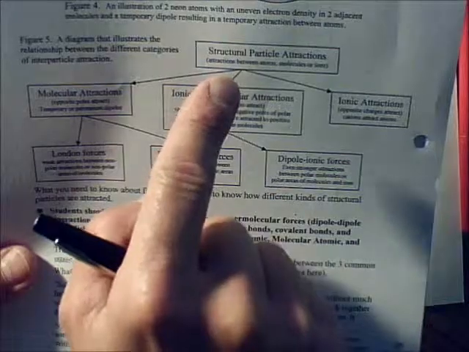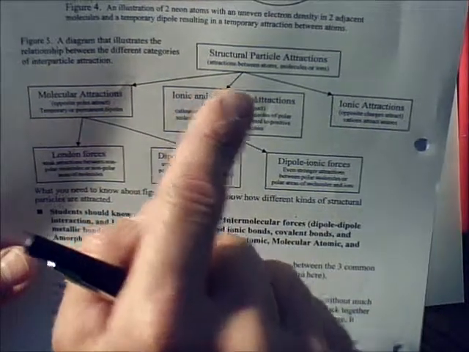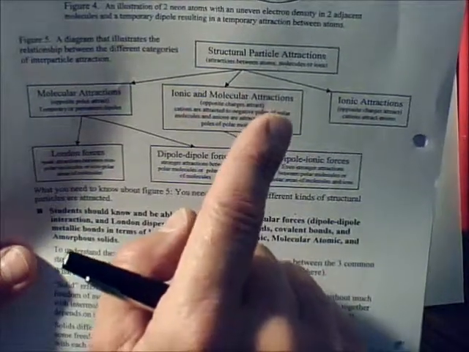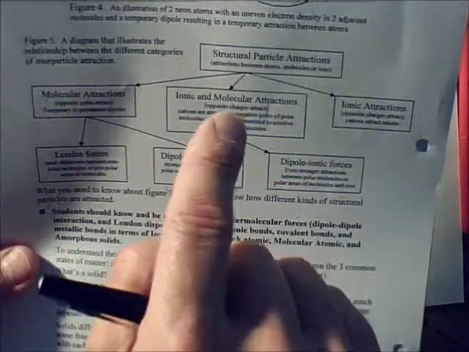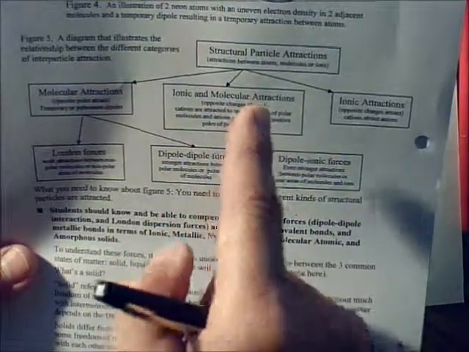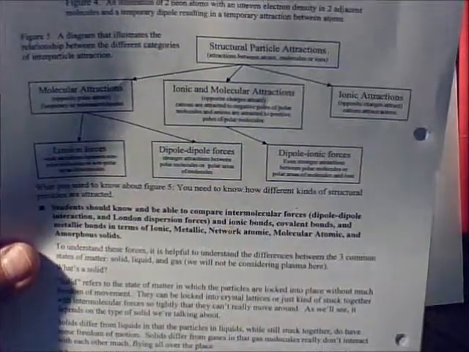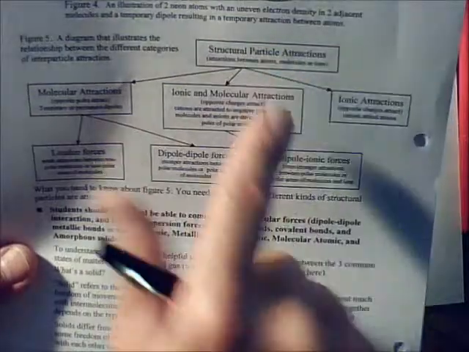The positive ions are attracted to the negative side where oxygen is located. The negative ion is attracted to the positive end where the hydrogen is located. Okay? So that's a dipole ionic force. And then the structural particle attraction in ionic compounds are strictly the ionic attractions. The opposite charges being pulled together. Okay, very strong attractions there.